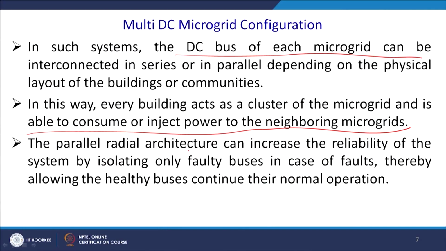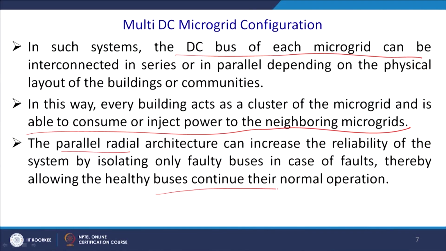I shall come to it in the next slide: the parallel radial architecture can increase the reliability of the system by isolating only the faulty buses. In case of a fault, please understand, DC microgrid has a huge challenge with faults.